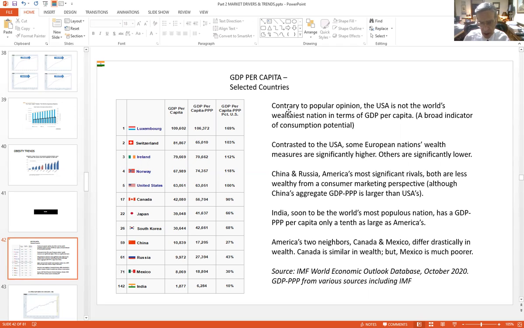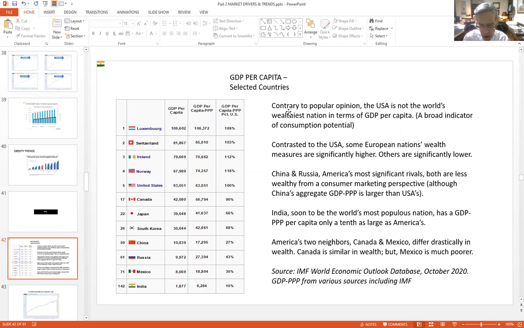GDP per capita is an indication of consumption potential, but it's not a measure of consumption potential. But it's helpful to identify where in the world consumption is likely to be most abundant. And goods and services of higher prices more likely to be consumed.